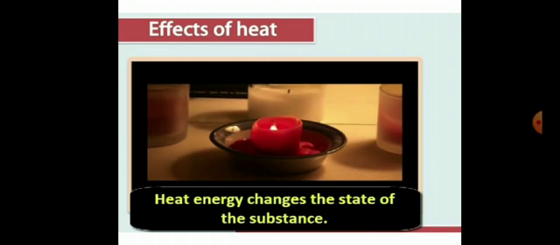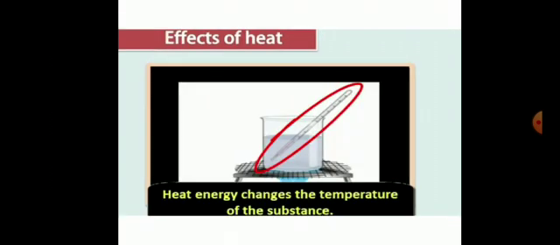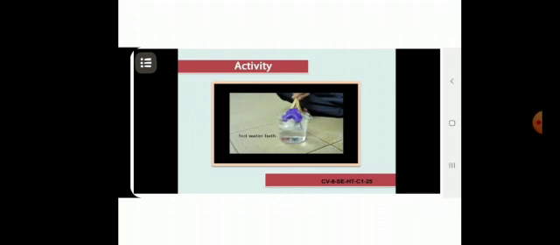So the effect of heat seen here is that it is changing the state of substance. Then heat energy changes the temperature of substance. Clear? When water is heated, temperature rises. So heat energy is changing here the temperature of substance.